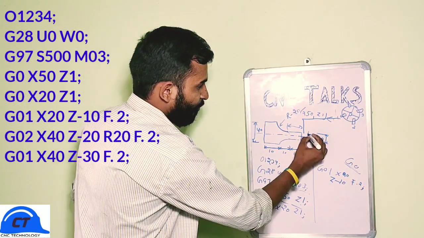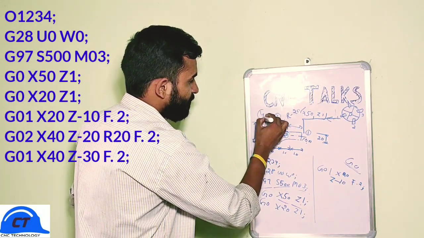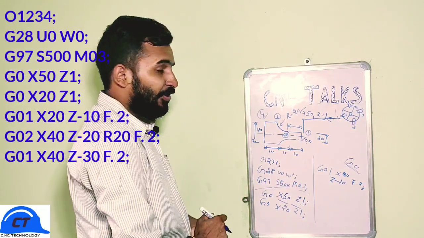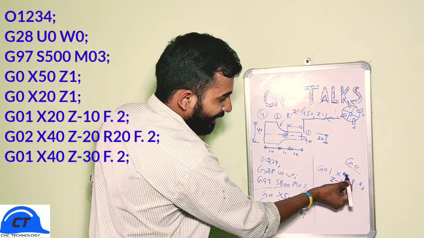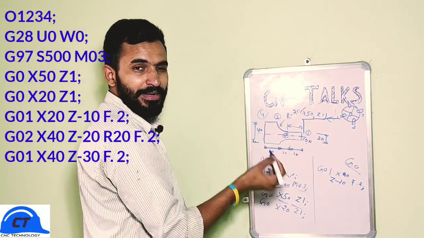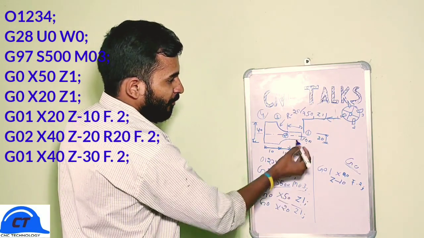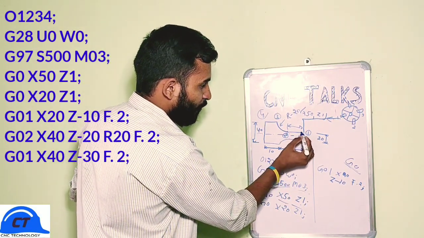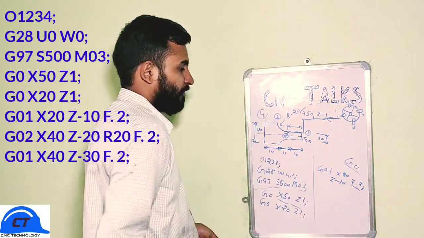So suppose this is point 1, this is point 2, this is point 3 and this is point 4. Now our tool is at point 1 and I'll give G01 X20 Z minus 10. X20 is the same while Z minus 10 is at this point. So our tool will move from point 1 to point 2 slowly with the feed rate of 0.2.